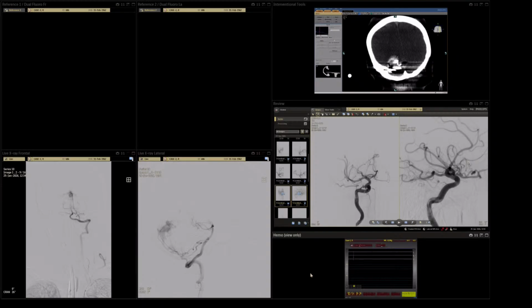For those cases, better to have an ultrasound. The patient is male, 60.